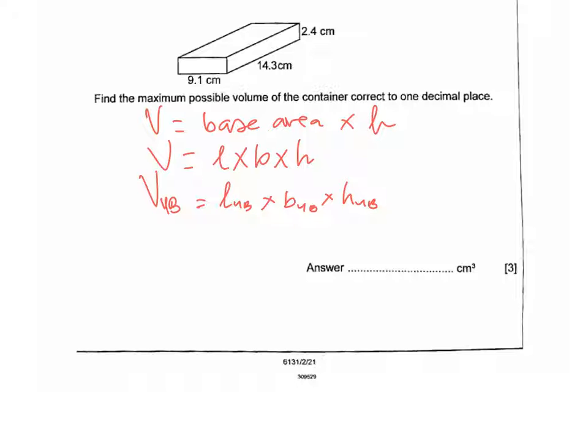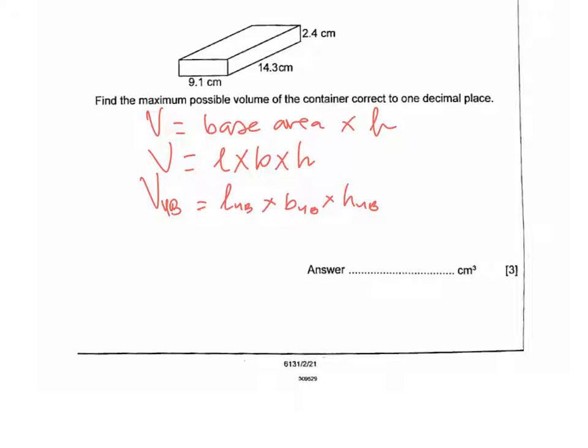I will start with 14.3. If they are rounded off to one decimal place, this is the first decimal, and the place value is a tenth, which is 0.1. That means we have 0.1, we divide by 2, and then we get 0.05. So on each of these numbers we subtract and add that 0.05.